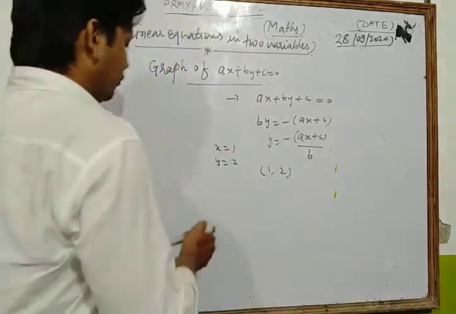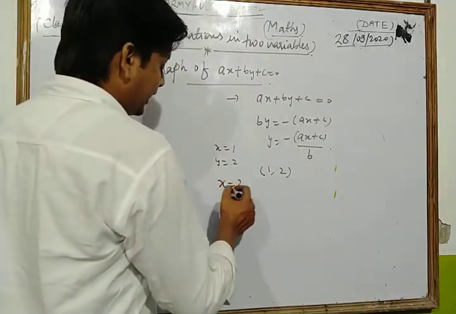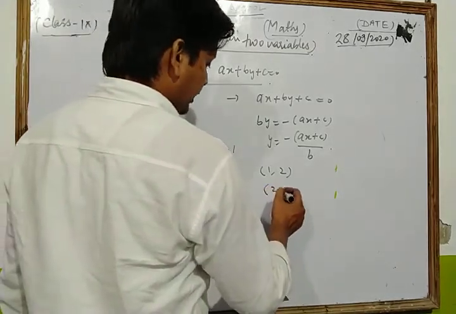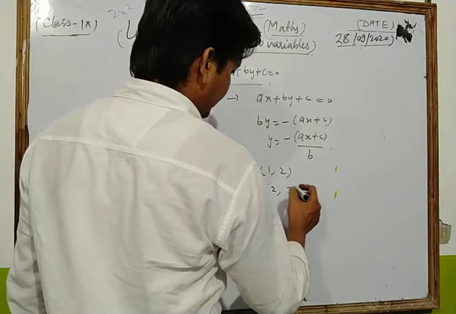Suppose if we put x is equal to 2, and we get the corresponding value of y as 3, then the second point is (2, 3).